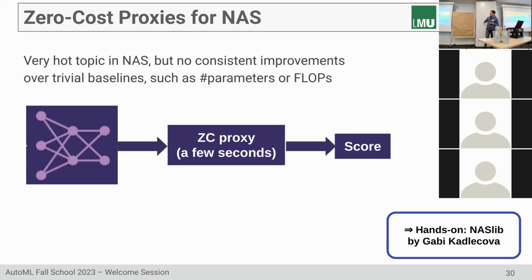However, over trivial baselines, such as estimating the performance according to the number of parameters or flops, this has no significant advantages so far. So if you're interested in doing research on that, this would still be the baseline here.